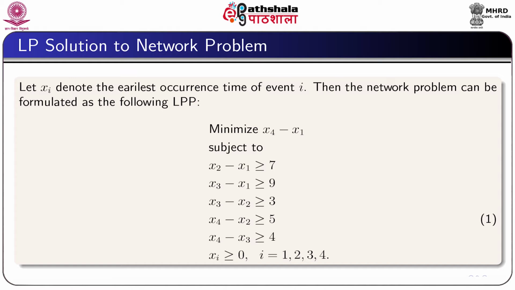Therefore, we need to introduce 5 artificial variables, and obviously the minimization problem should be converted into the maximization problem.